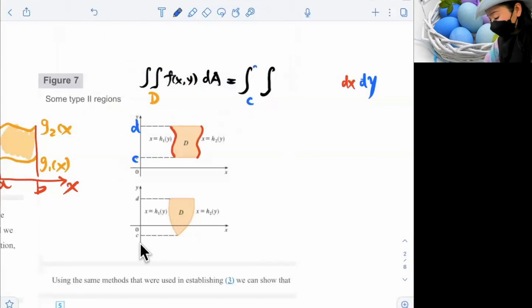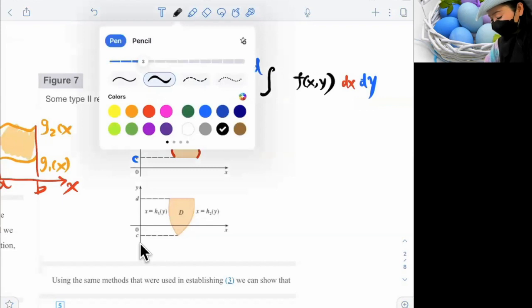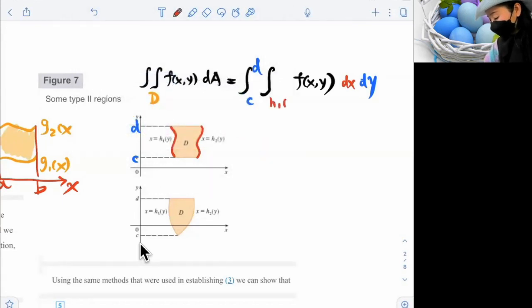And then the function over here is the same function. X here goes from what to what? h1(y) to h2(y). You got it, good job. So h1(y) and then h2(y). The idea is kind of simple, right?